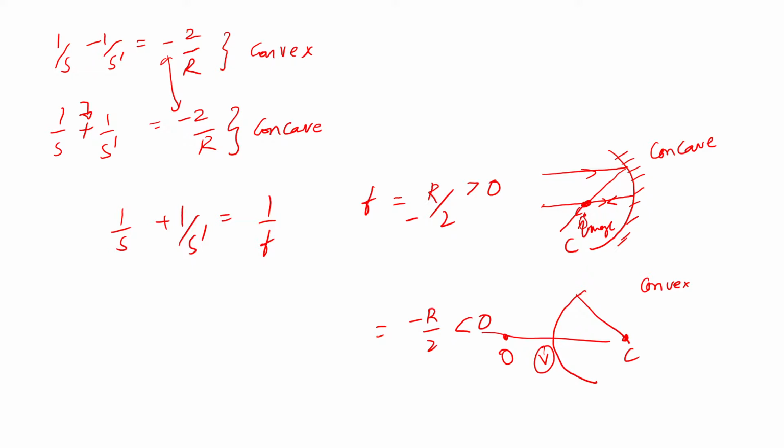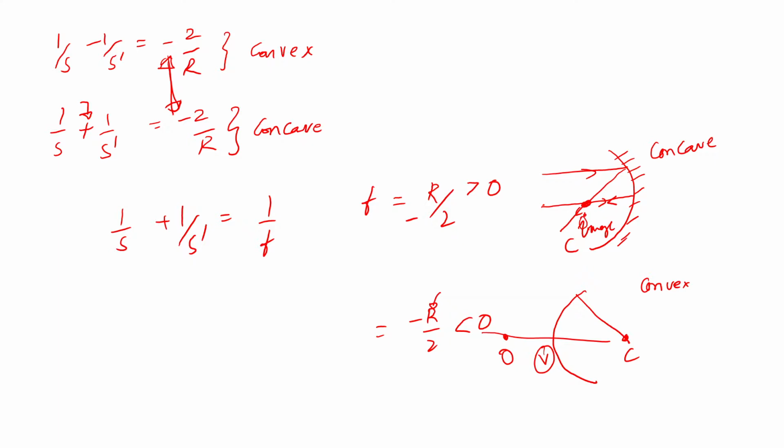sign conventions. Here we have not changed the negative sign, because depending upon whether it is a convex or a concave mirror, you would write r as a negative number or a positive number. For convex, you would write r as a positive number. Because if I write r as a positive number, minus r by 2 will overall be a negative number. So for a convex mirror, minus r by 2 would overall be a negative number.